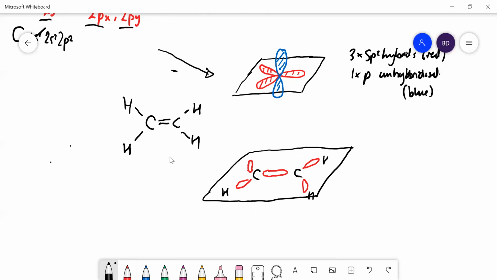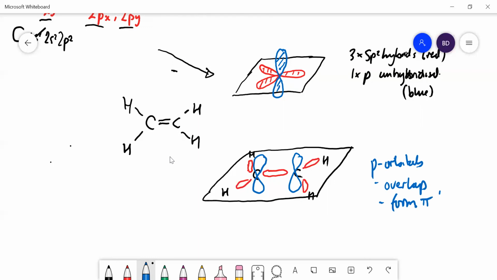On each carbon you have those p orbitals, unhybridized, in blue. Those 2 p orbitals overlap to form the pi bond. So the pi bond is formed between the 2 unhybridized p orbitals.